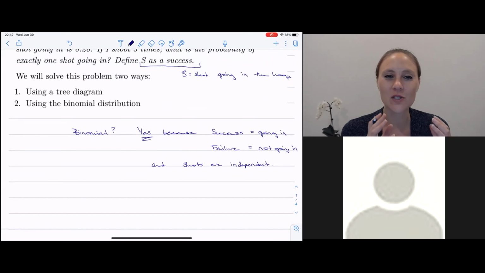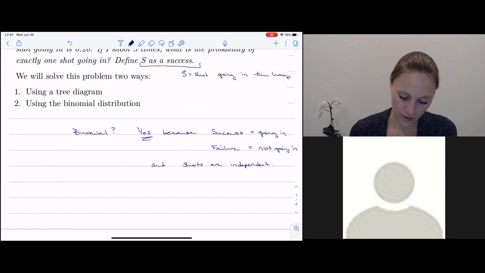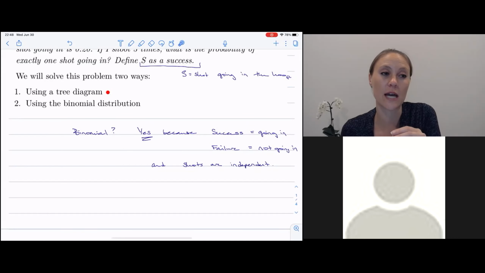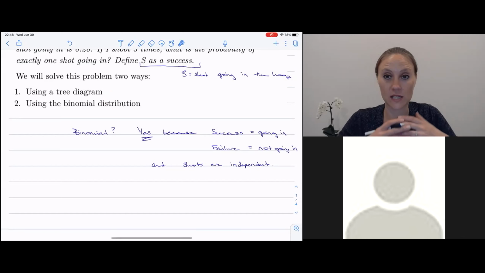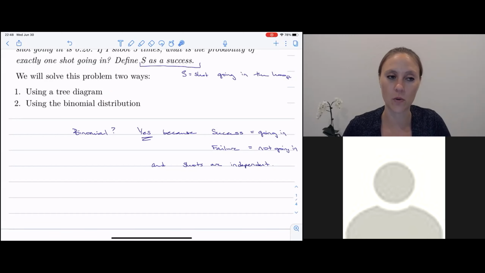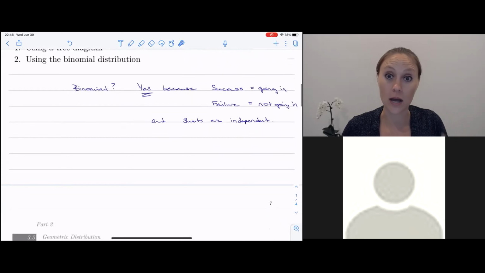Now, for small versions of the binomial, you can definitely just use the tree diagram that we introduced in chapter 2. How I want to solve this problem is first using the tree diagram to show you that you already know how to solve this problem, but then using the binomial distribution, we can expand it to quite a few more trials.